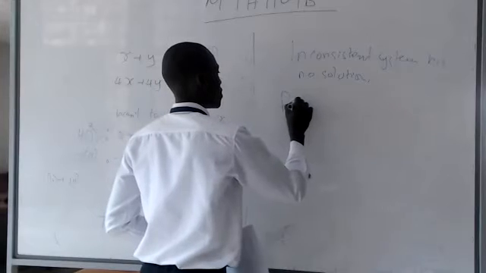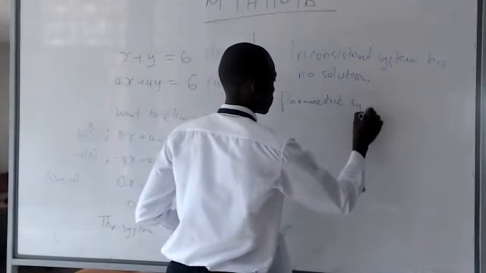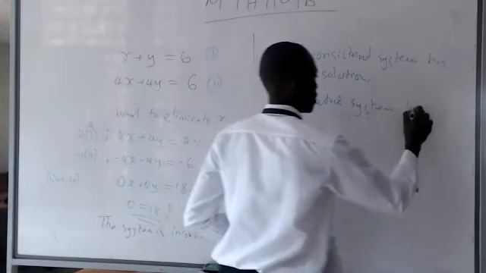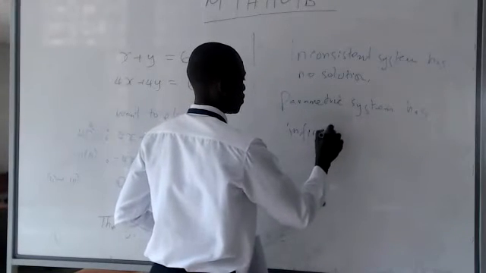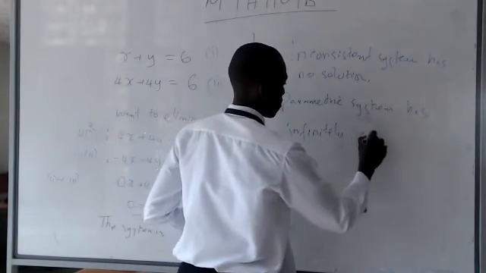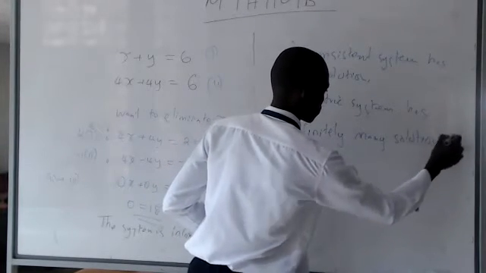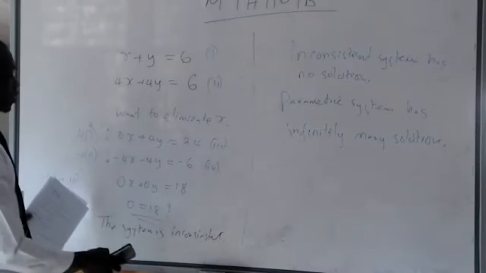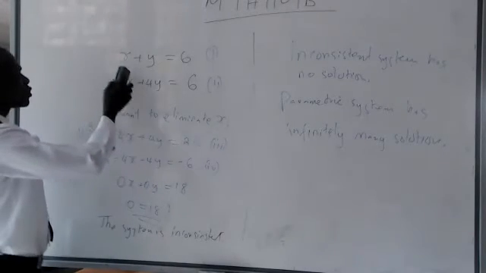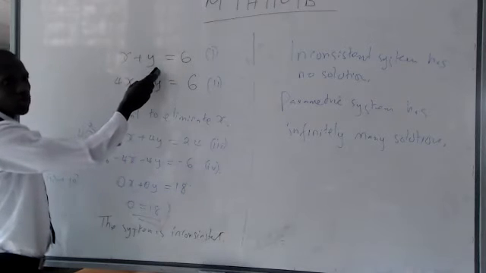Now, a parametric system has infinitely many solutions. This is an example of an inconsistent system. So there are no values of y and x you can choose for which this system will be true.